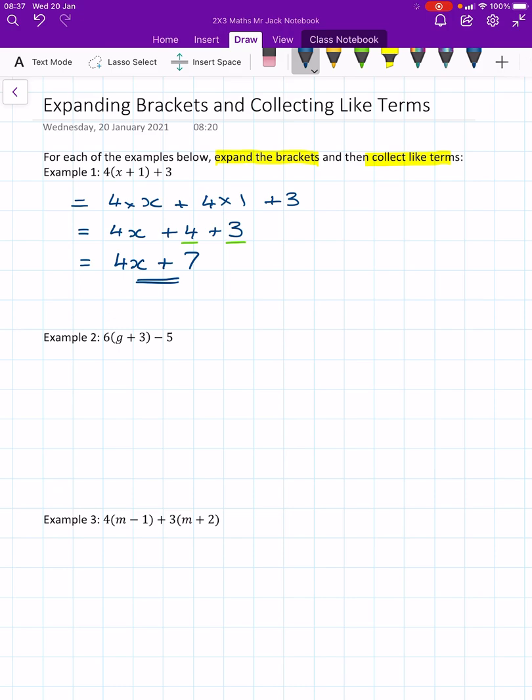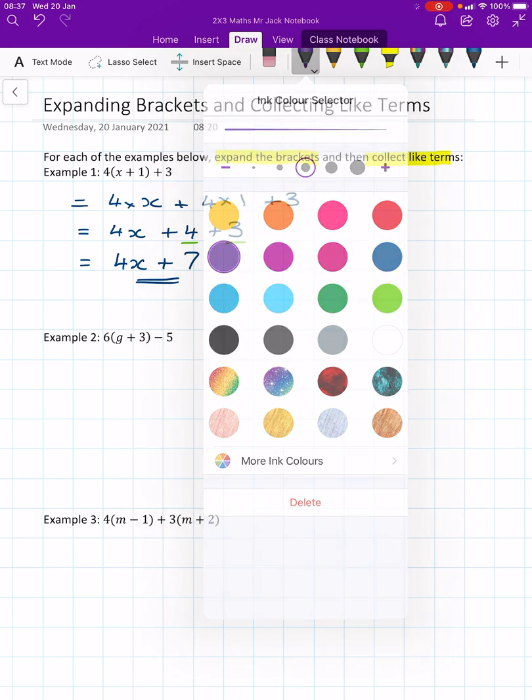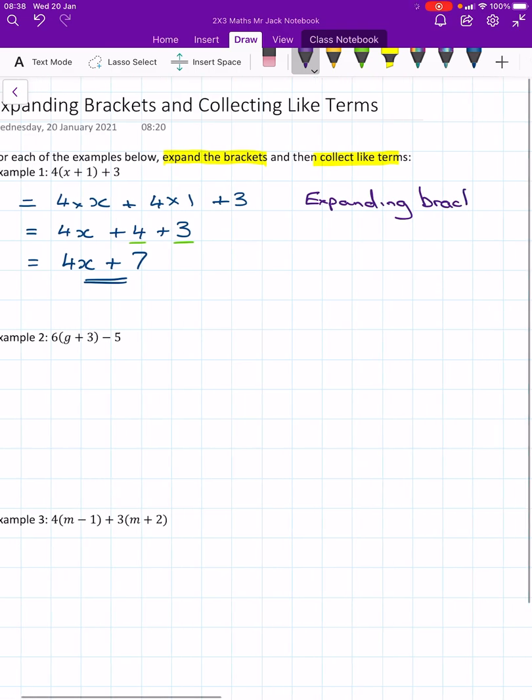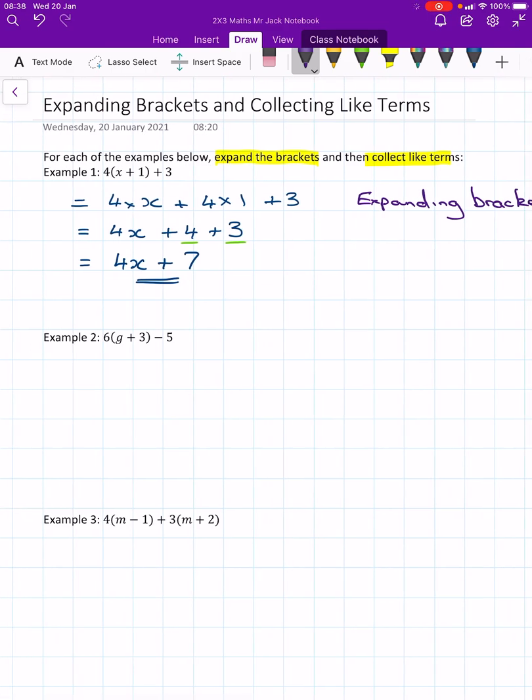Alright, so what we've done, if you want to look at the steps, let's write that in a slightly different colour. So here we are expanding brackets. That's what we've done first. And then we've got gathering, collecting.